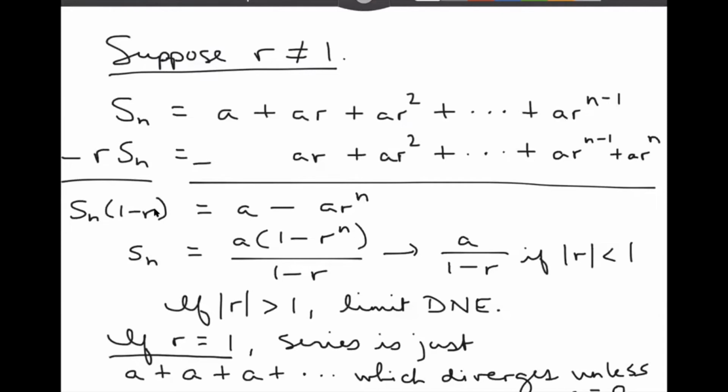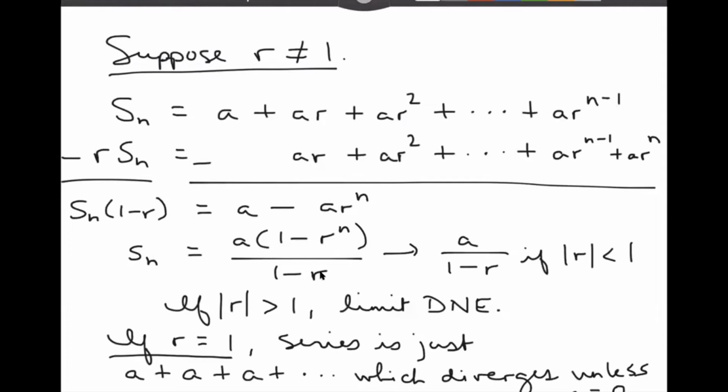If r does not equal 1, then I can divide both sides by 1 minus r. And at the same time, I factored a out of this. So that actually gives me a closed expression for s sub n. s sub n is equal to a times 1 minus r to the n divided by 1 minus r.